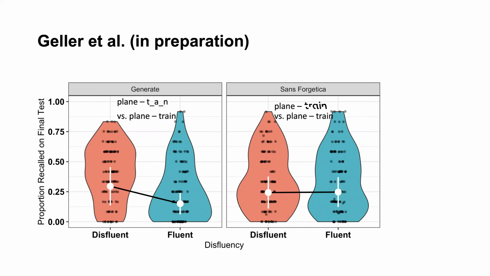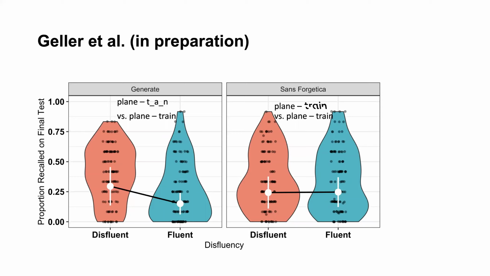This is data from a study I conducted a while ago. I was interested in desirable difficulties. Desirable difficulties are any technique that makes learning initially harder, but has the long-term benefit of making learning more durable, so you have better memory. One of those techniques is generation.